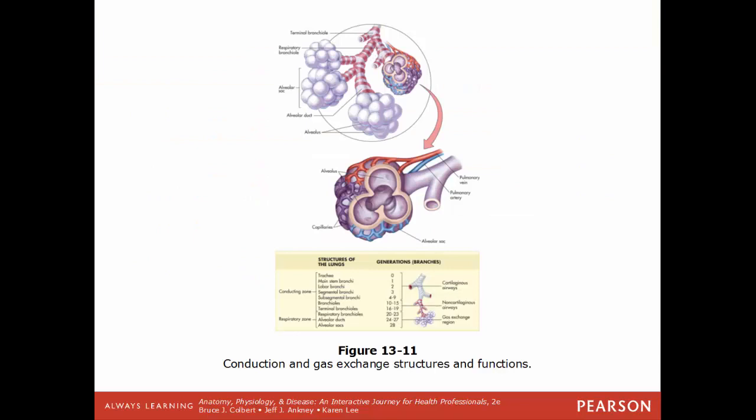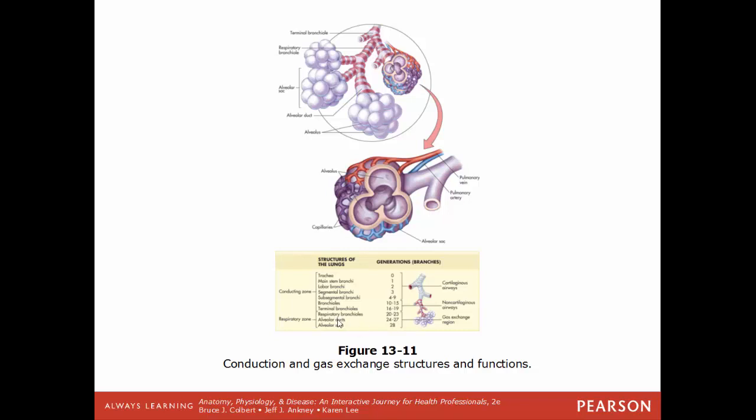Right, so zooming in on one of these clusters here, they actually look like clusters of grapes, but each pocket is a terminal air sac, an alveolus. And on this table here, it's listing the number of divisions off of the trachea, and it's breaking it down into the conducting zone and the respiratory zone.